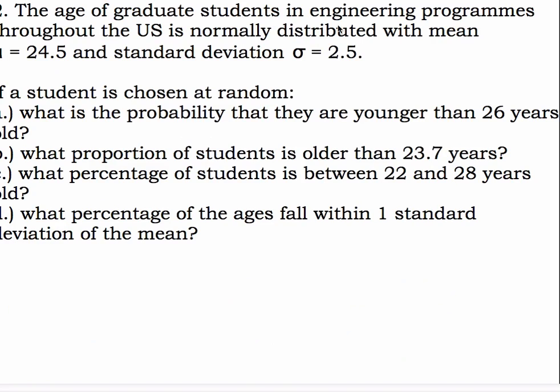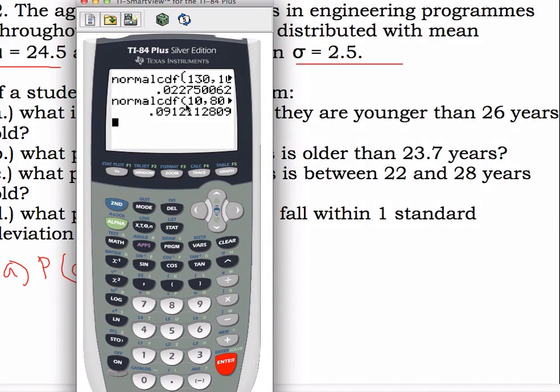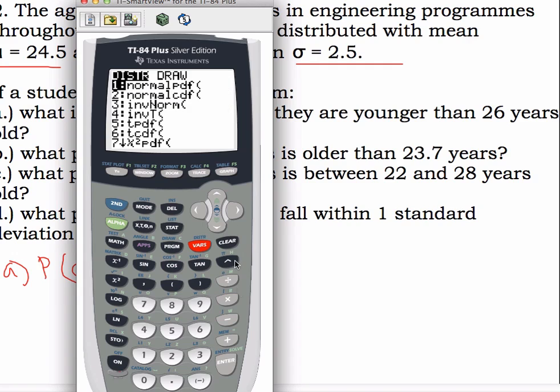Let's try another example. The age of graduate students in an engineering program throughout the U.S. is normally distributed. There's the mean, there's the standard deviation. What's the probability? So part A, the probability that they are younger than 26 years old. That age is less than 26. So we're going to type this information on our calculator here. Second function, distribution.